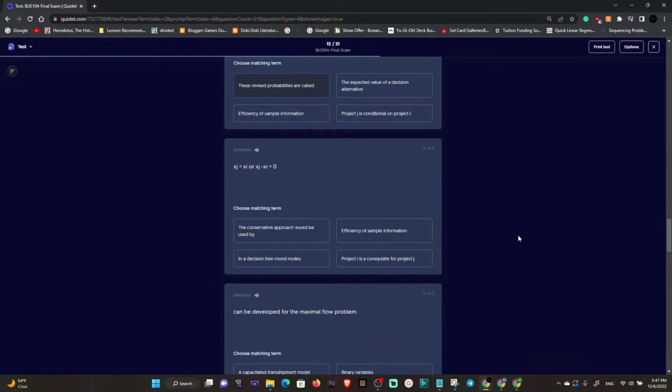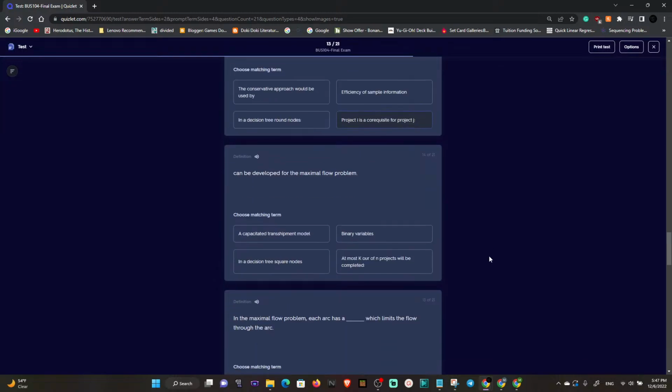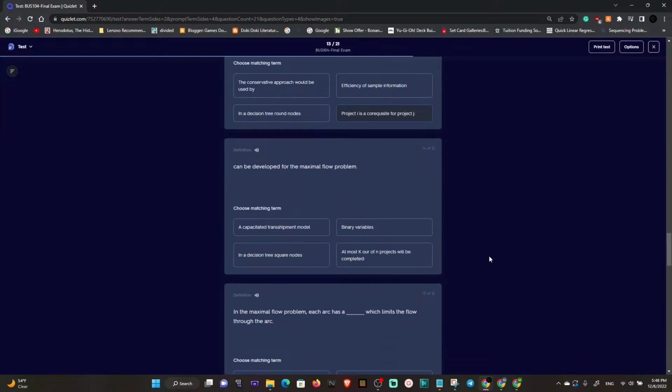Xi minus Xj, or Xj equal to Xi, my apologies. Or Xj minus Xi is equal to 0. So that is when they are both co-requisite. You both have to do them both. Can be developed for the maximal flow problem.